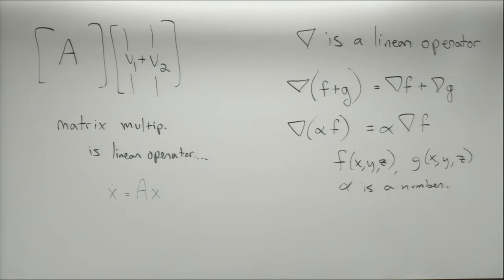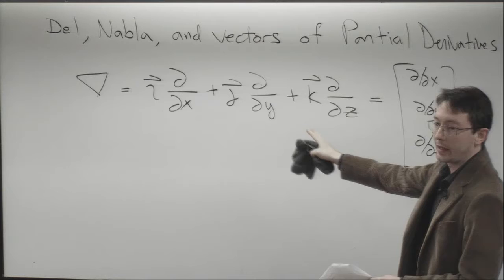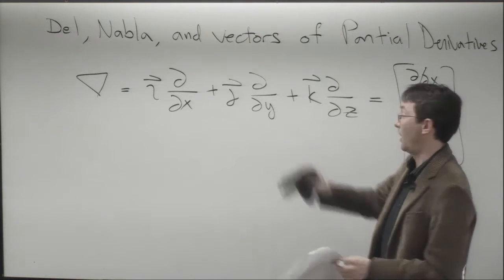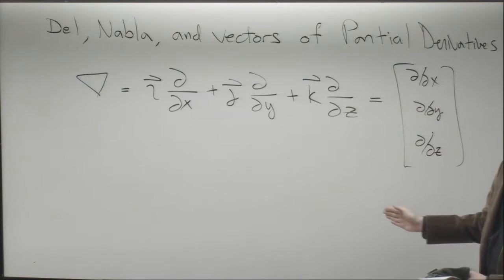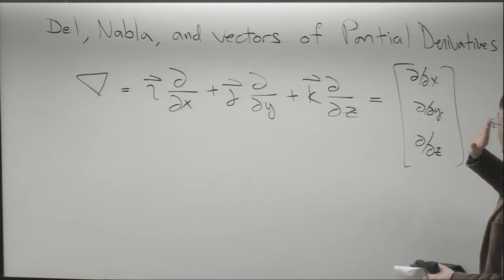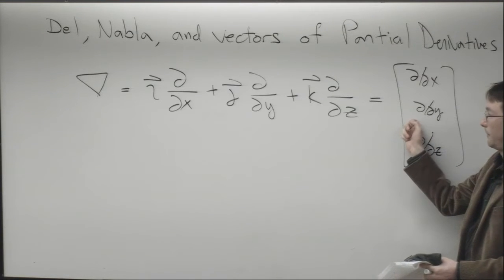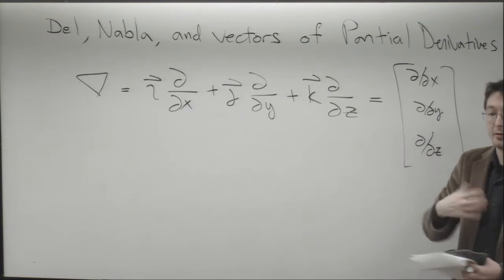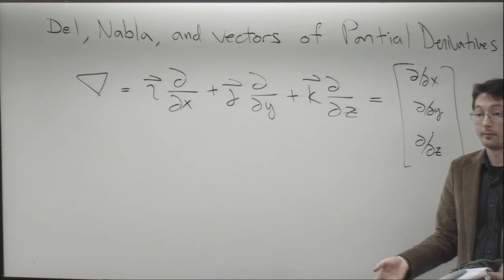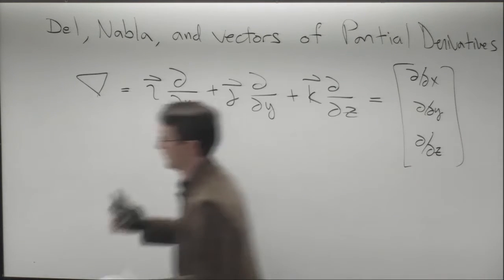Okay, so this is my del operator. Del is just a vector of partial derivatives. And the first thing we're going to do to this operator is multiply it by a scalar function. Okay, a scalar field, essentially.